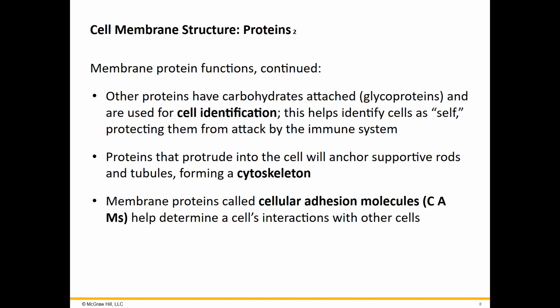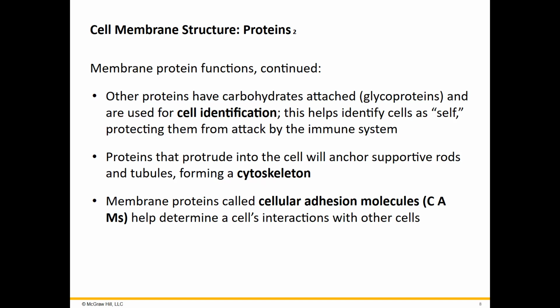There are also proteins that protrude into the inner cell and anchor supporting rods and tubules. They form what is called the cytoskeleton. So imagine you have the phospholipid bilayer, that's the skin. Well, proteins under the skin, inside that phospholipid bilayer, also help create a rigid structure so that that skin doesn't bend too much.